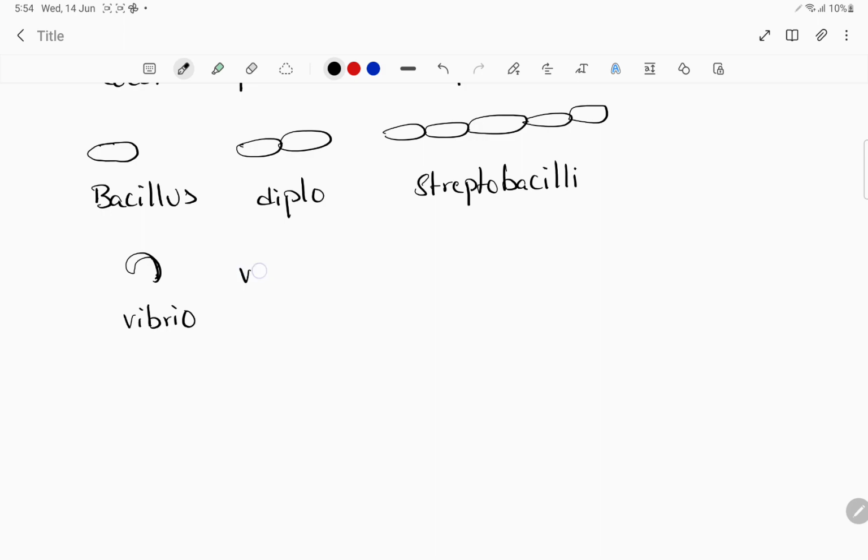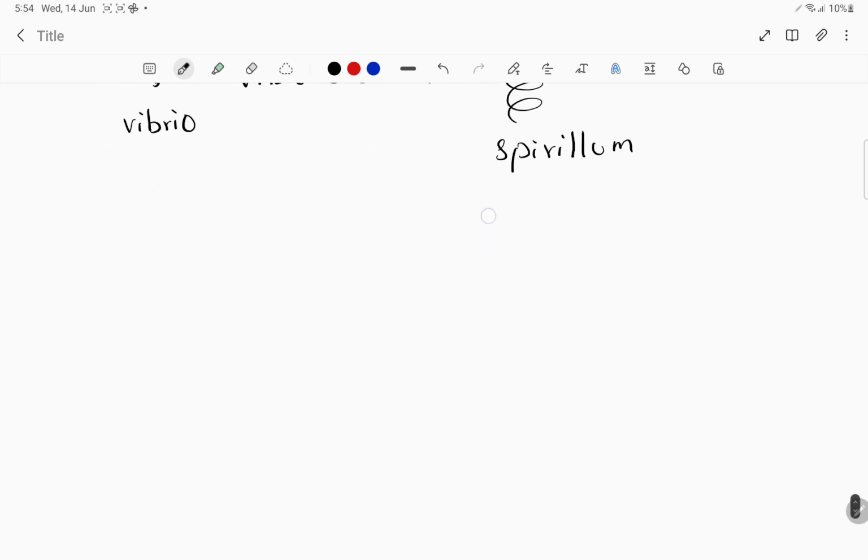Example for Vibrio is Vibrio cholera. So this is comma shaped bacteria, and we have spirillum, spiral shaped bacteria.